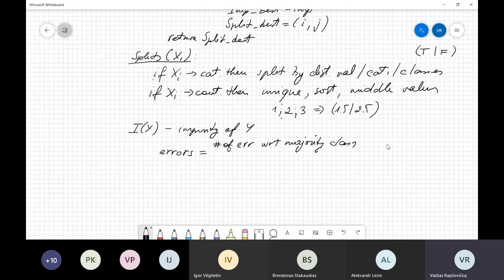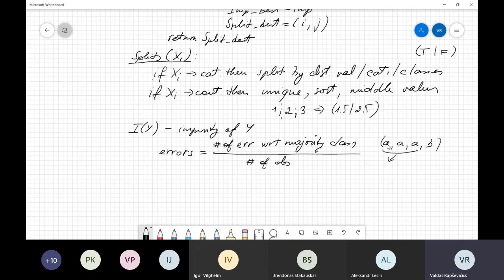Majority class divided by the number of observations in this partition. So basically, if we had A and B, the majority class is A because there are more of them than anything else.